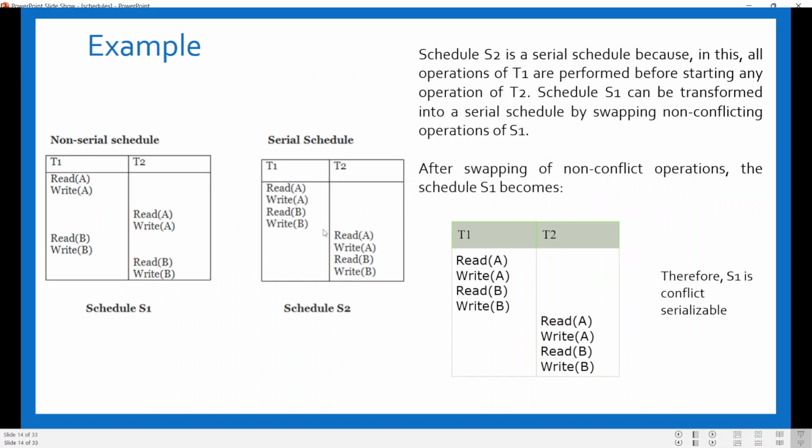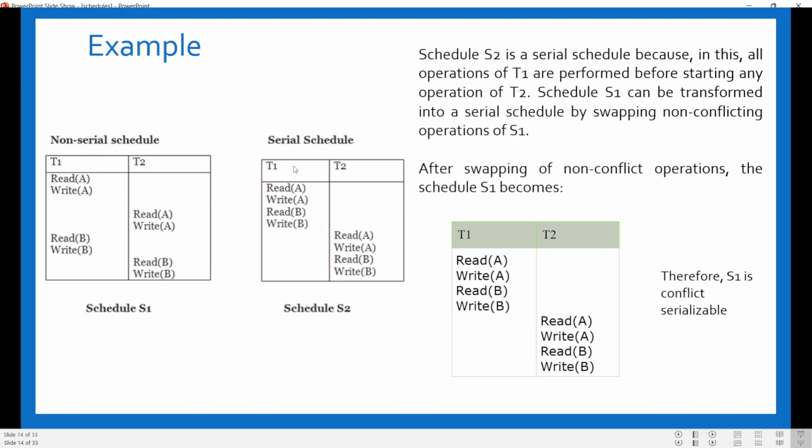So here, for example, this is schedule S1. In this particular case, for transaction T1 there are read and write operations. Before transaction T1 is over, there are some interleaving operations, because T2 starts, then again T1. So there are interleaving transactions in schedule S1. Now let us see schedule S2.